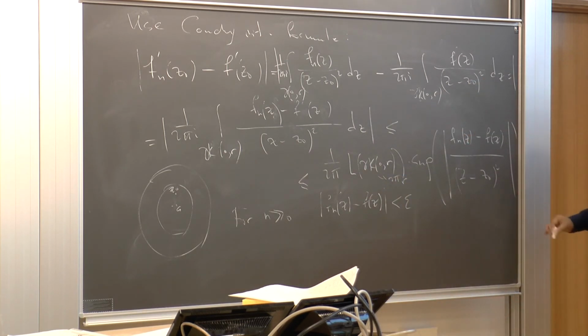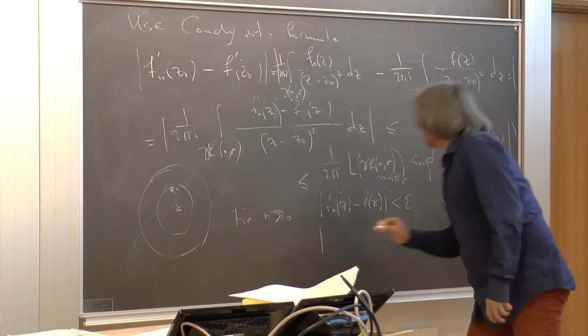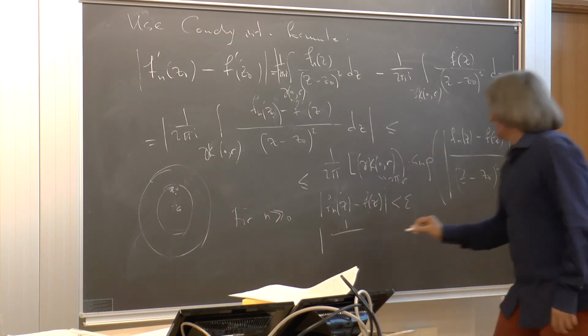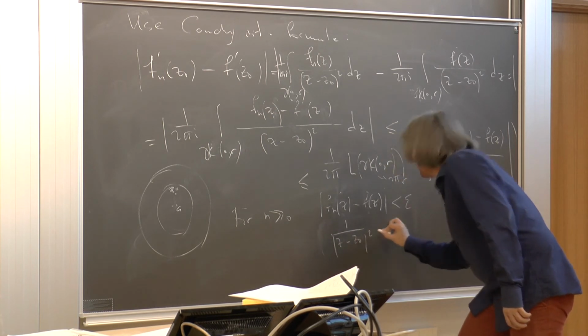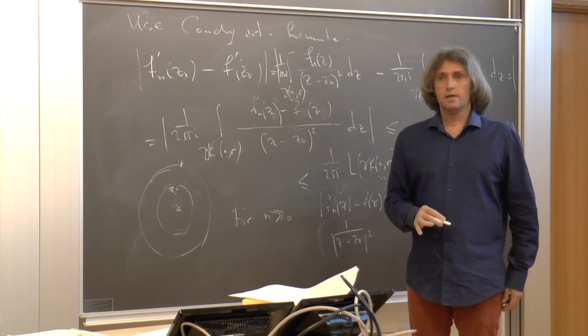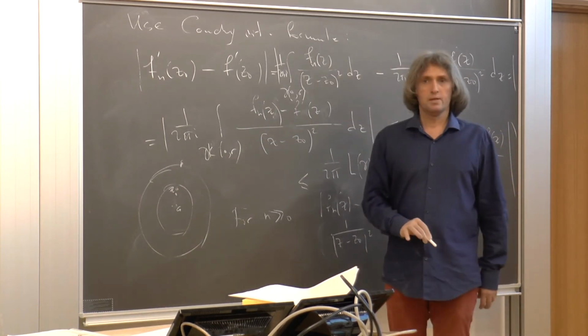Now, the estimate for 1 over z minus z naught squared. So z is a point on the circle, and z naught, as we decided, is inside the smaller circle.